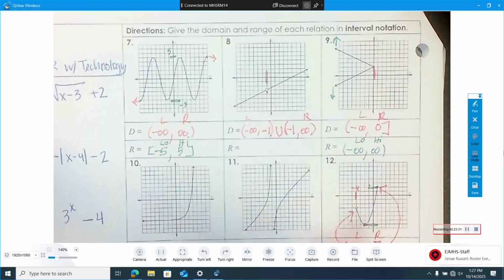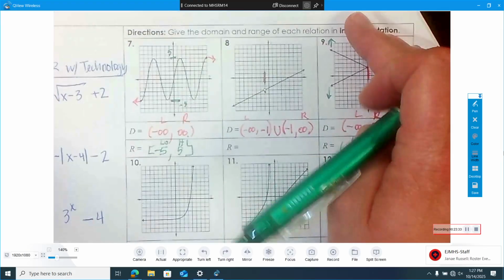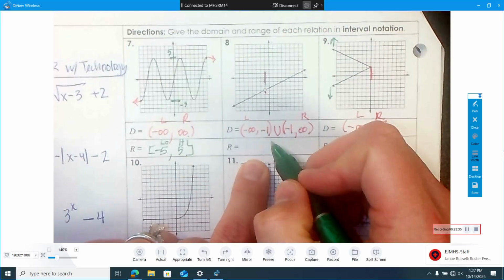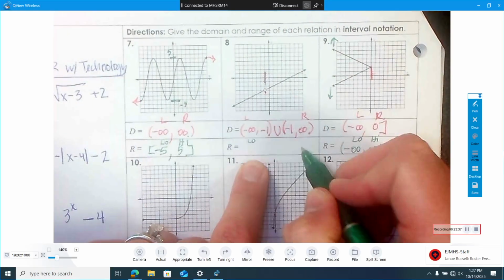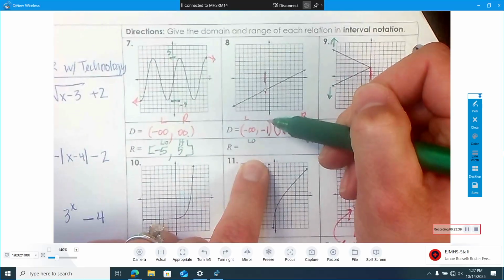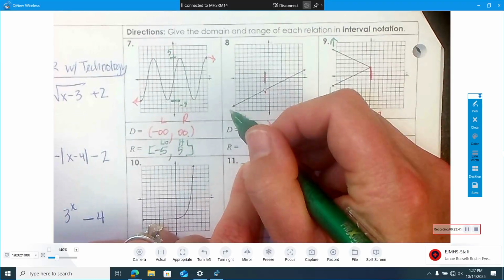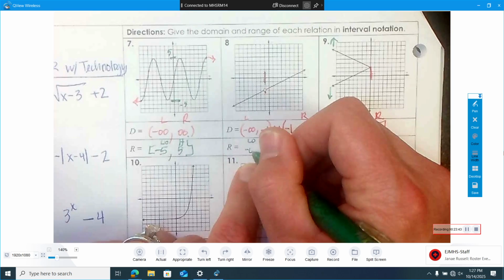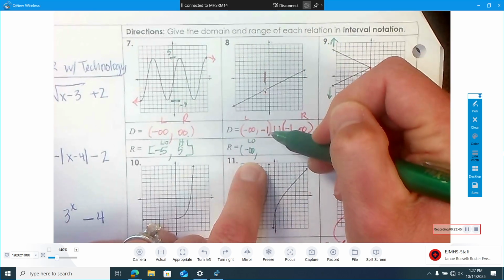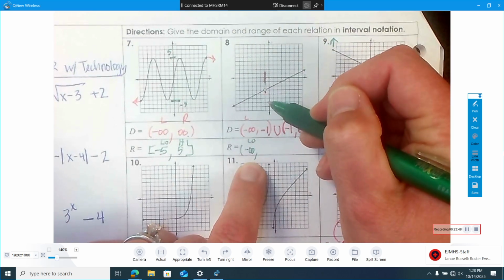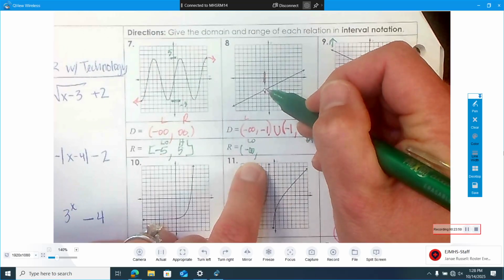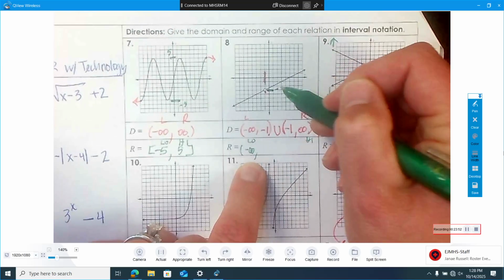Okay, now the same is true for range. When we're going from how low do we go to how high do we go, it's being interrupted. So how low does this graph go? -infinity. And then as we move up the y-axis, where do we get interrupted? -3, right here.